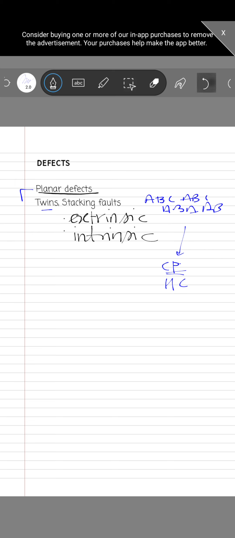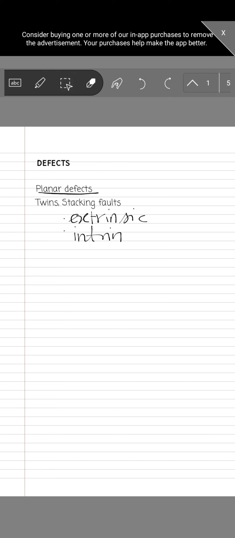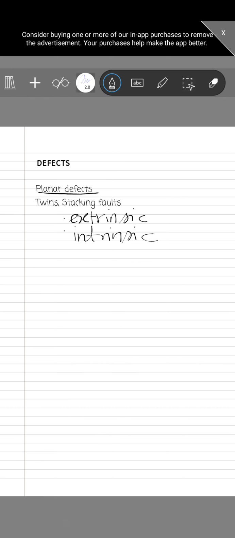Now, when we are going into the nano regime, the same material will have a simple single or symmetric twinning as well as five-fold symmetric twinning.